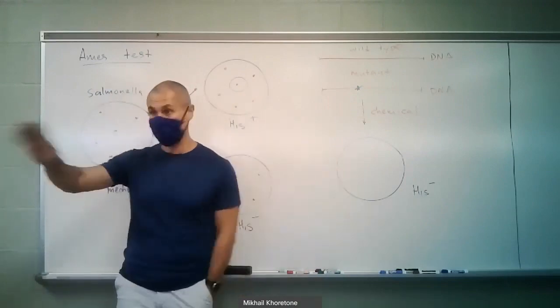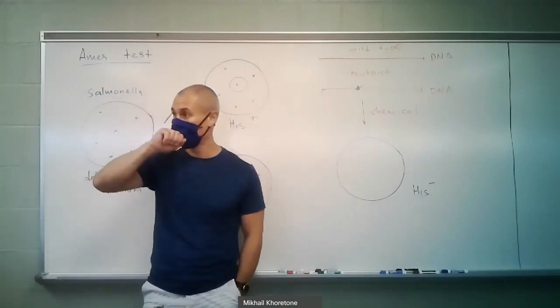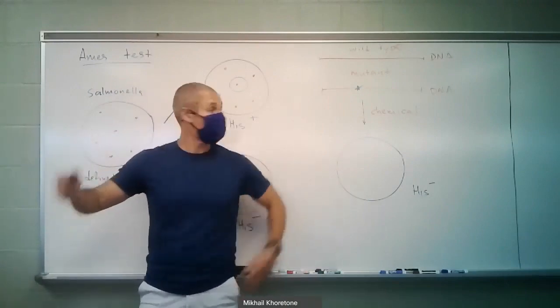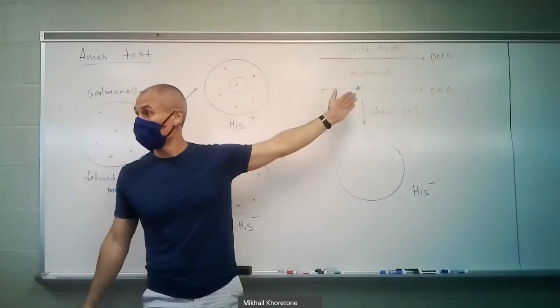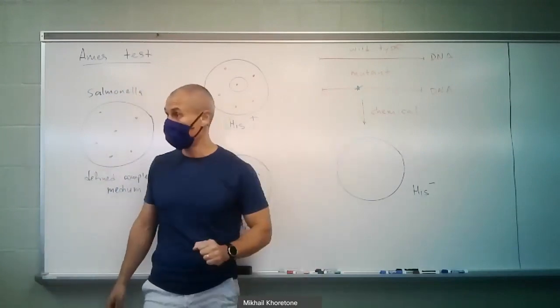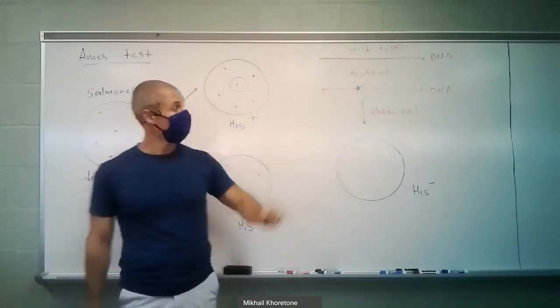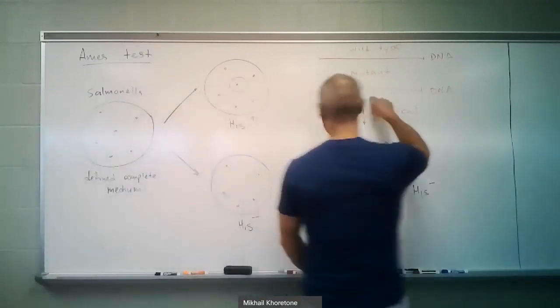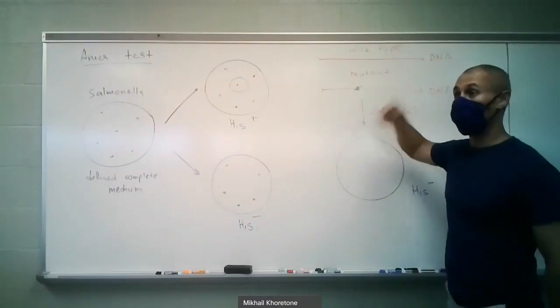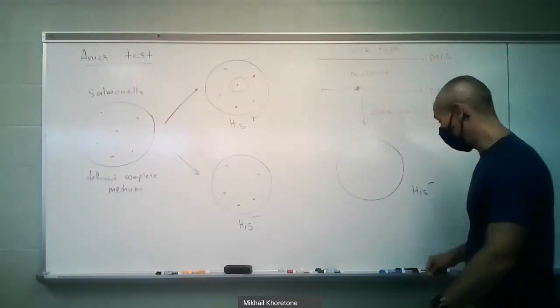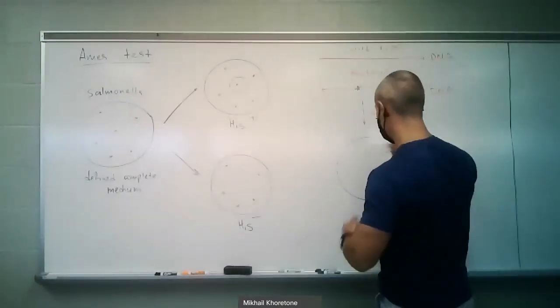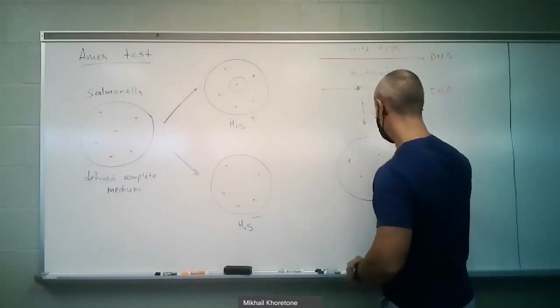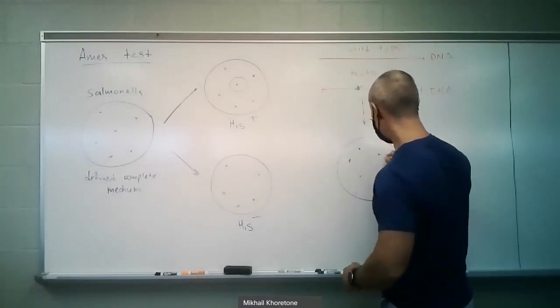Why? You're right, absolutely right. Why? There's nothing changing, right? If your chemical is mutagenic, will bacteria be able to grow? Yes, because some of those cells will revert to the wild type, and this is what you're going to see. Does that make sense?